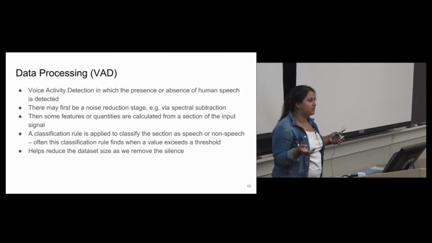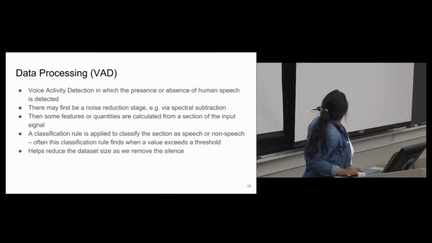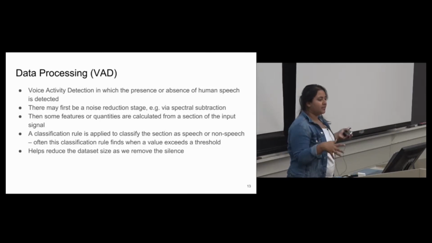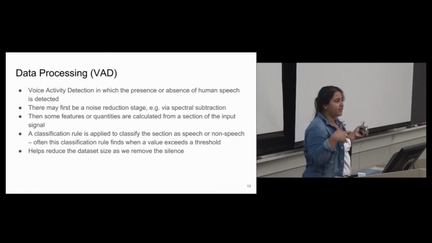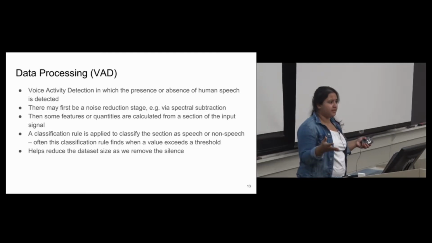But it's still, I think, around 1820 GB, if I'm not wrong, right? This is the whole process, where at the end we apply a classification rule, where based on a threshold, we identify if it's silence or if it's a speaker speaking.